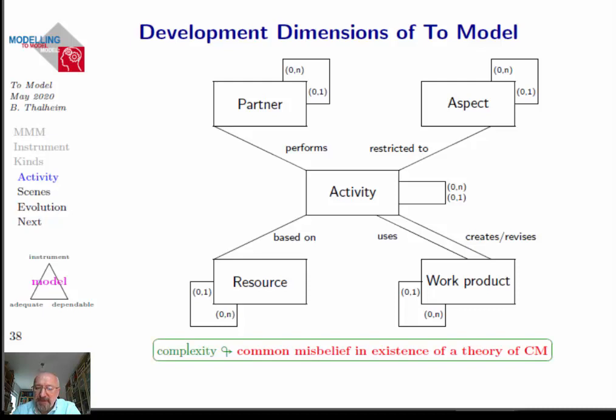We have finally a work product, maybe a number of work products. And we have, of course, resources. Amongst the resources, the most important are, of course, our origins. That means in this case, we want somehow a support for model development and model utilization.